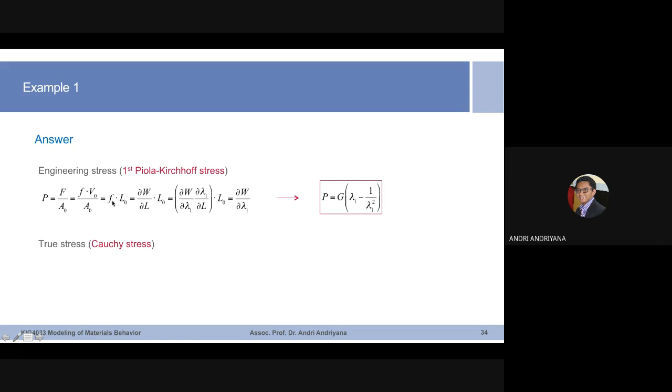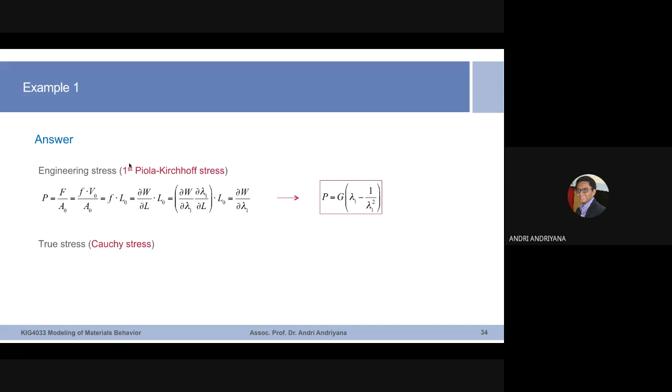So what is F? F is simply the differentiation of W with respect to L, times L0. We note that W is not a function of L directly, but a function of lambda 1, so we can make a simple chain rule here to differentiate.